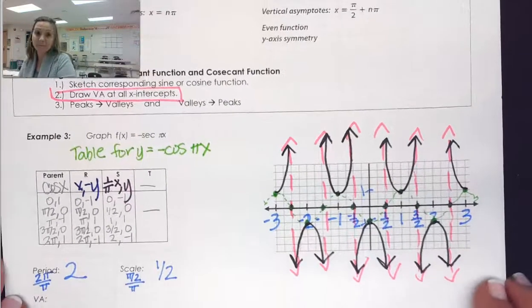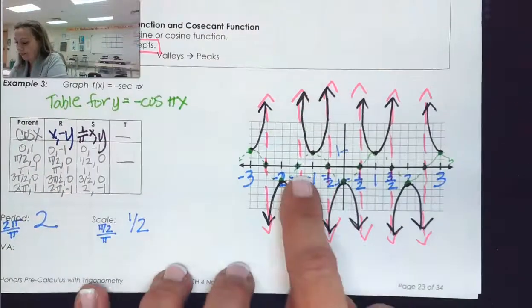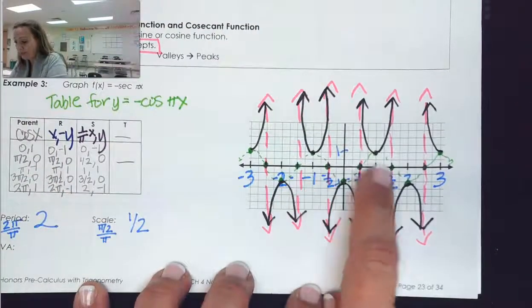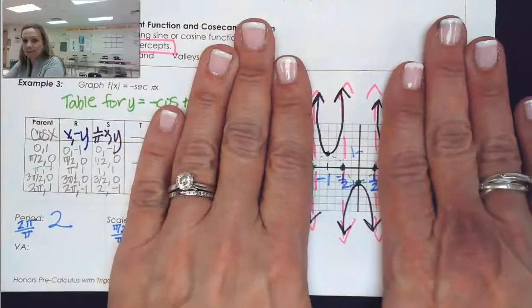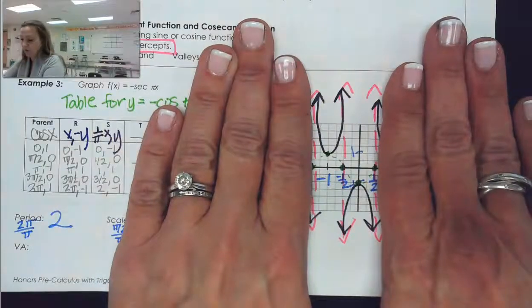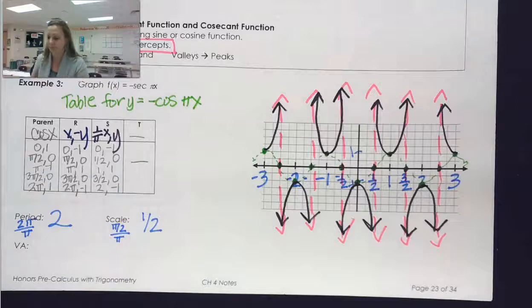And you might say, oh, well, the asymptotes are every 1 unit, okay? They are, but notice that a whole cycle, like one goes up, one goes down, one goes up, one goes down, that is important to notice. That makes the full period, okay?